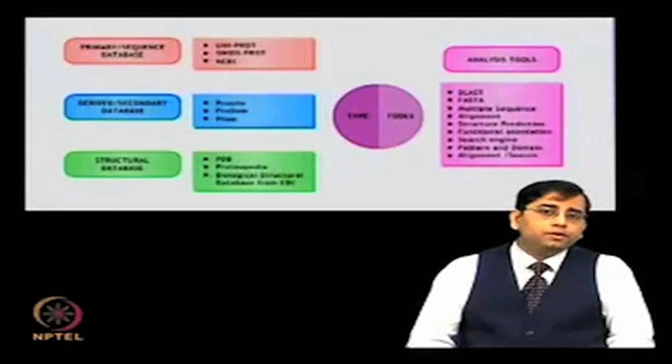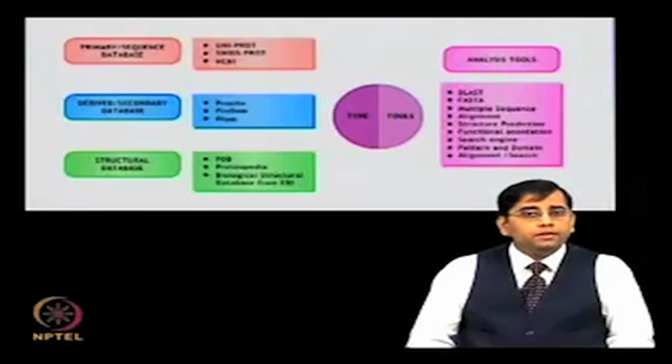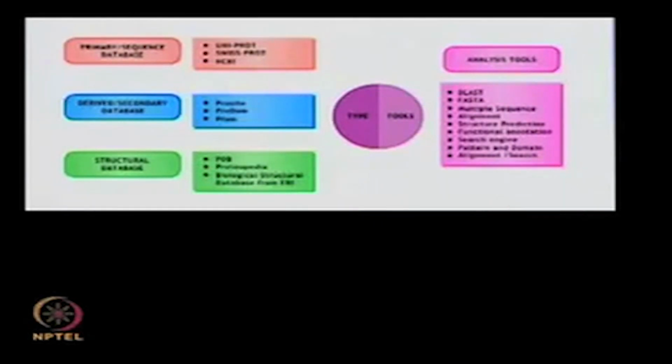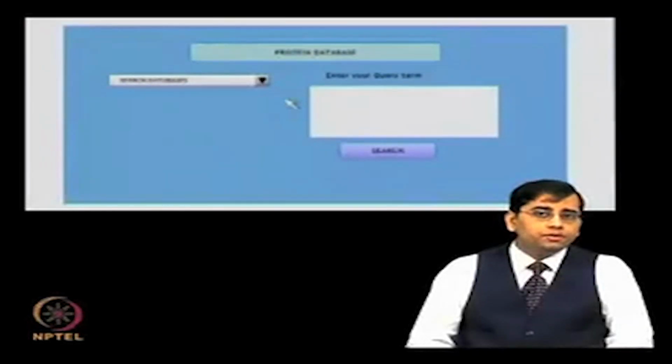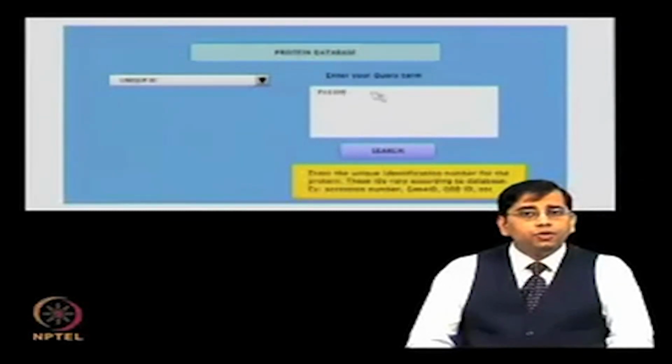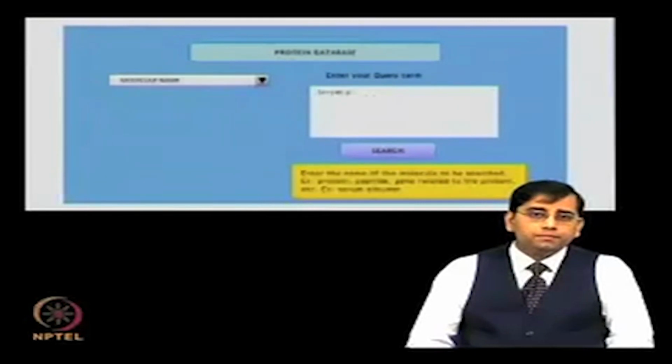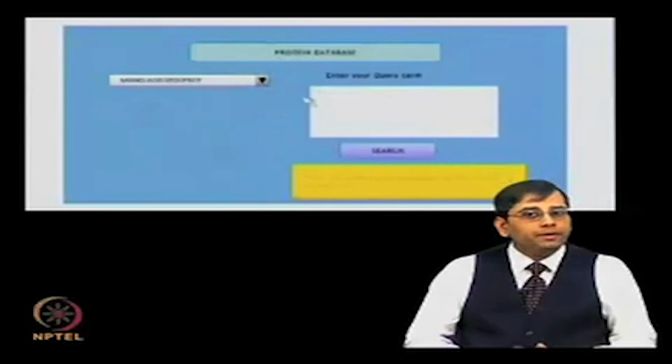The analysis tool defines the platforms that the site will provide for gaining an insight into the protein data. For extracting protein information from a database, users can give a variety of input terms. These can be unique ID, molecular name, amino acid sequence, keyword, literature, gene, taxonomy, etc.